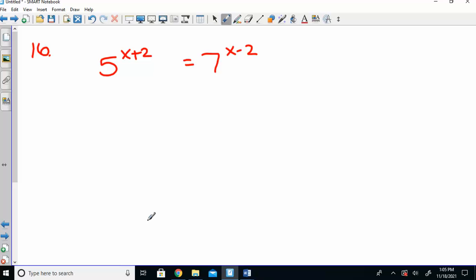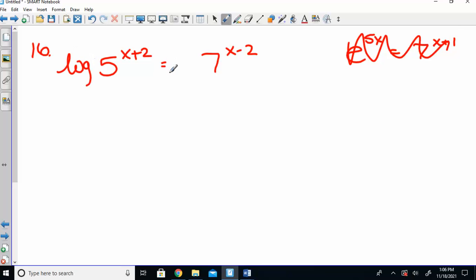So on these exponentials, if you're looking at the problem and it originally has no logs in it, you're first seeing, can I get away without ever putting a log in here? Can I just change it to a common base? If not, then we add a log on each side. You can do either the common or the natural log. If one of these was like an e, if I'd said, e to the 5x equals 7 to the x plus 1, what kind of log might you want to put in? Natural log, just because the natural log and the e would drop. But otherwise, we can just do our regular one.